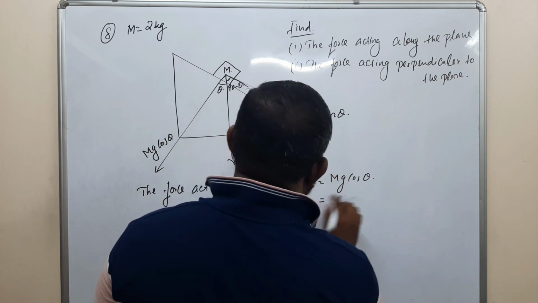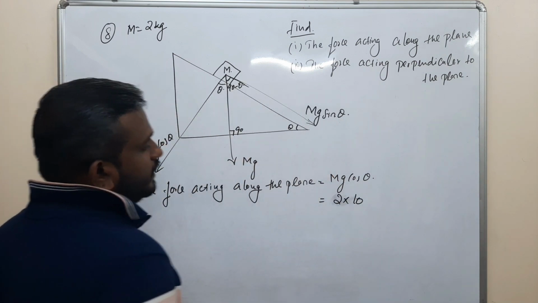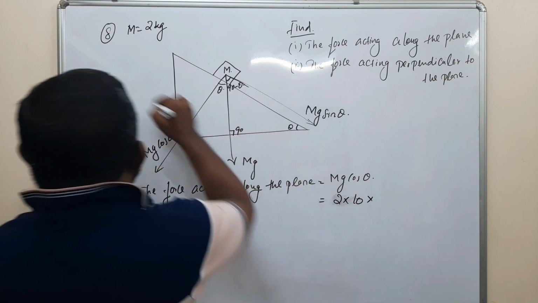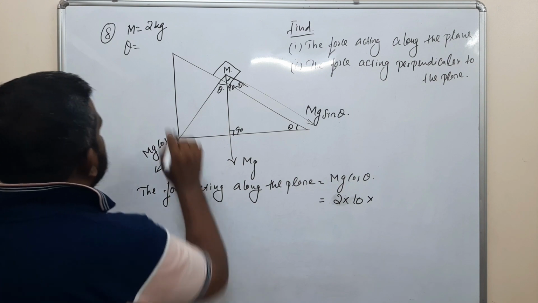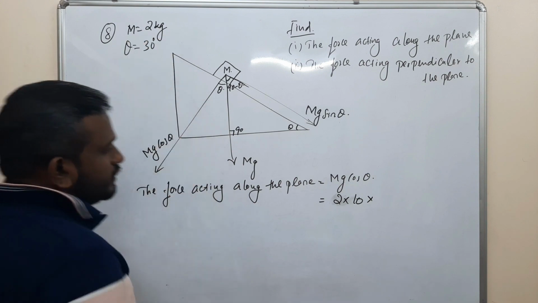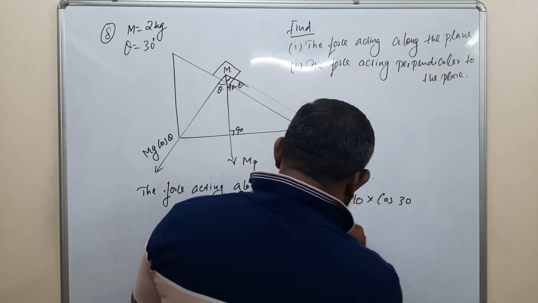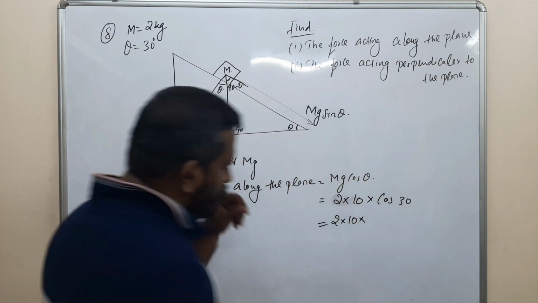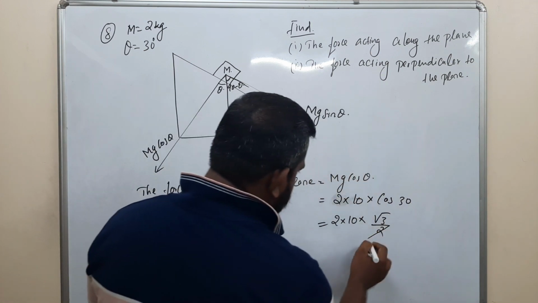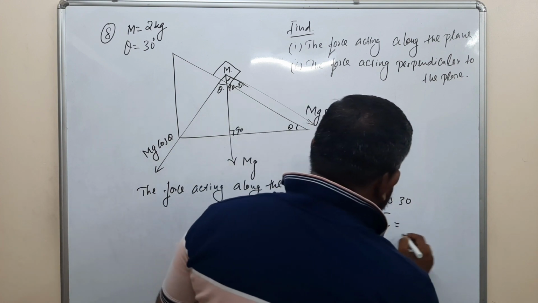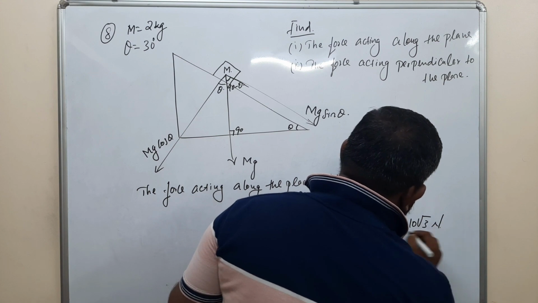That is 2 into acceleration due to gravity 10 into cos theta, where theta is equal to 30 degrees. So 2 into 10 into cos 30, which is root 3 divided by 2. The 2 gets cancelled, so that is equal to 10 root 3 Newton.